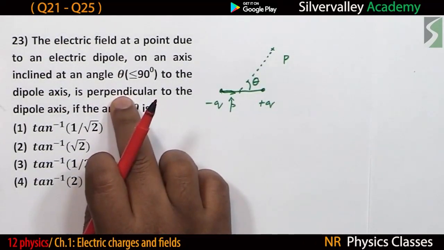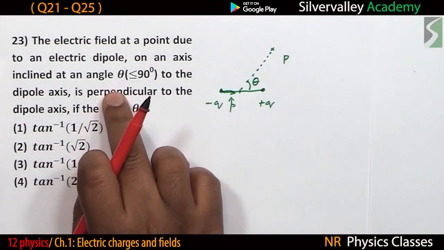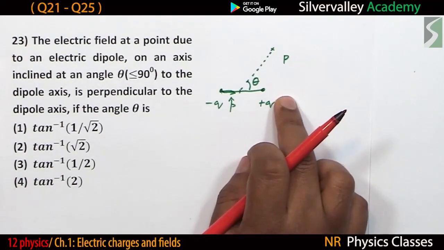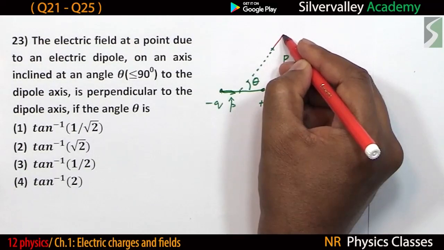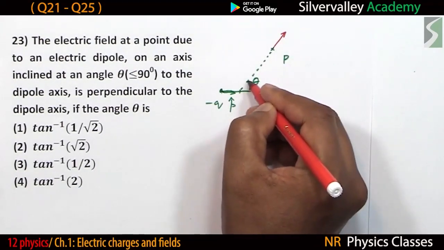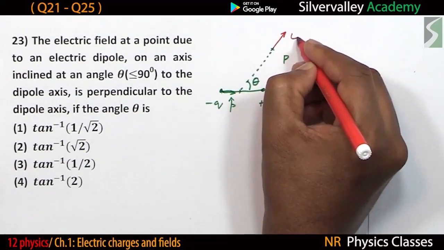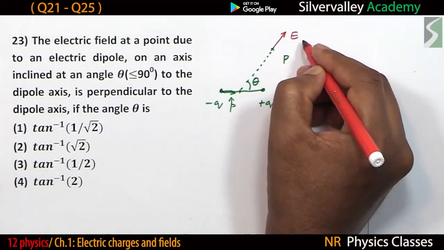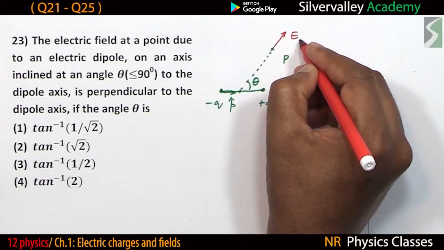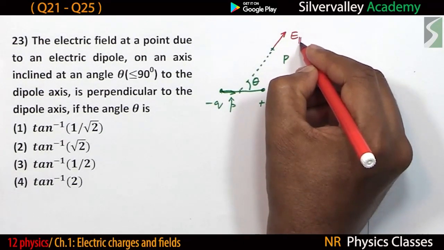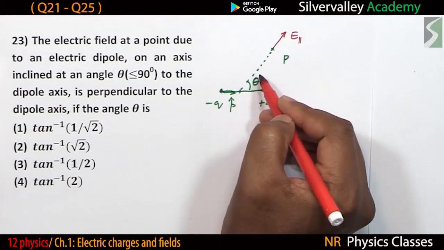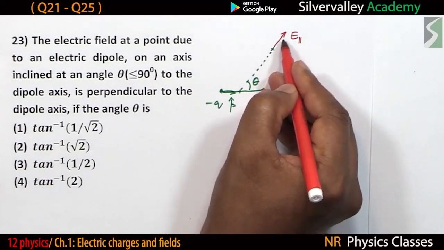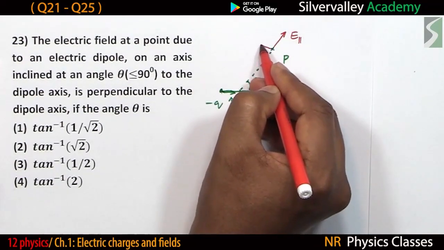For this question, this method is used. This is electric field at P, component of electric field at P along the position vector. You can call it E parallel to the position vector. And perpendicular to this, there is another component.